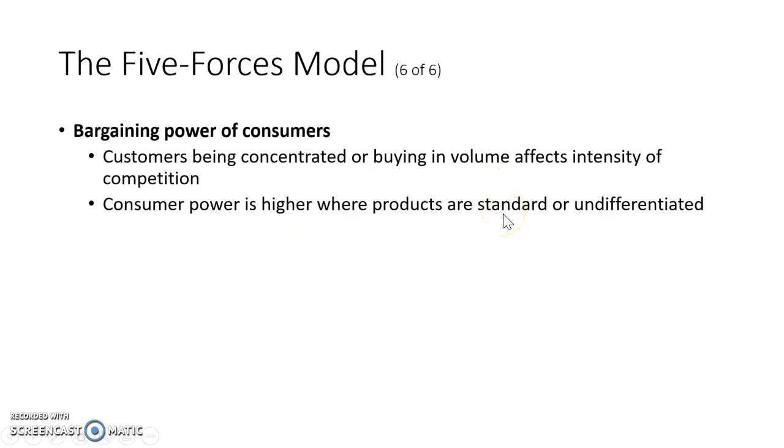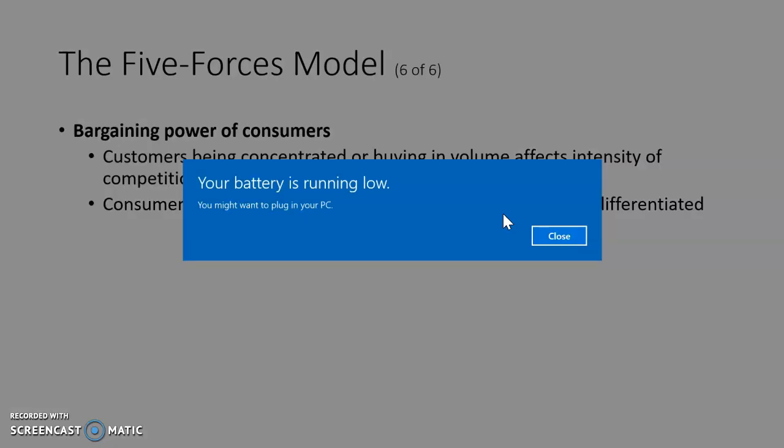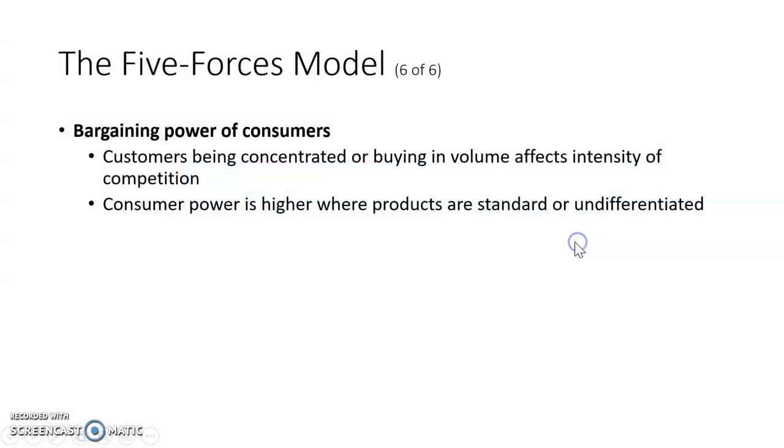The bargaining power of consumers is determined pretty largely on competition. So if customers are concentrated or in volume, then this affects the intensity of competition. So consumer power is higher where products are much more standardized or they don't differ much.